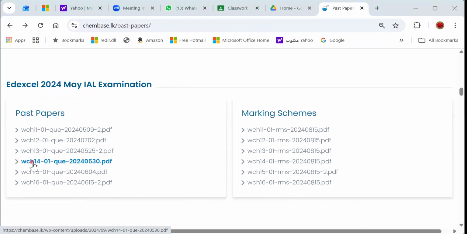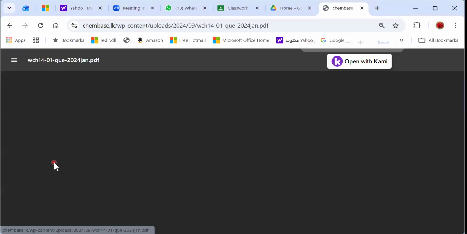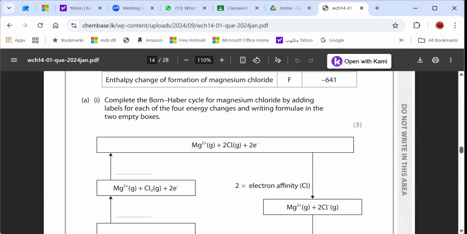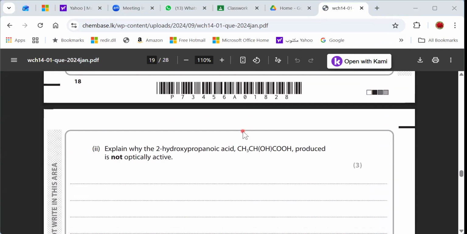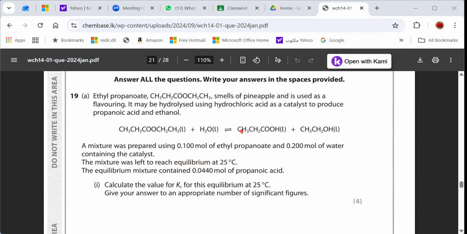I would like to take the titrations, Jan 2024, number 19 as well. So this is number 19.